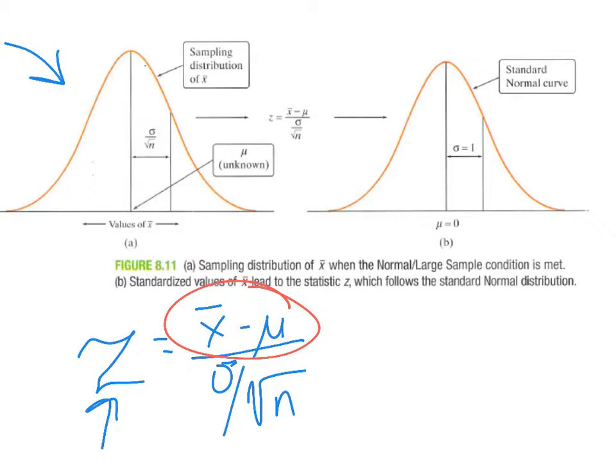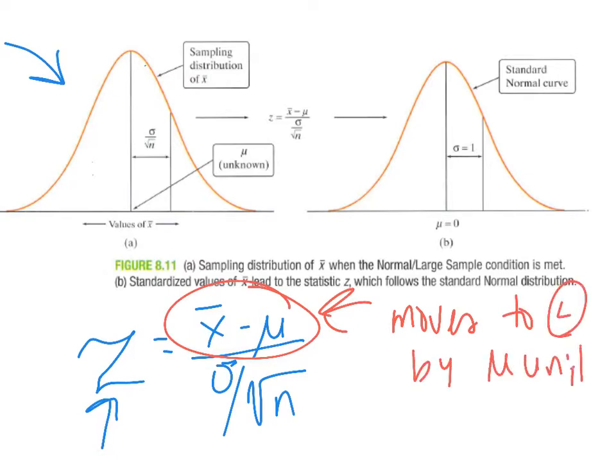So basically what this part does is it moves my mean to the left by mu units. And then when I divide by the constant, sigma divided by the square root of n, that keeps my mean at 0 but makes the standard deviation 1.